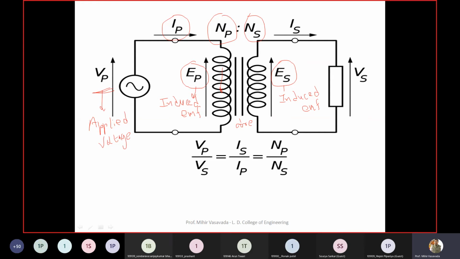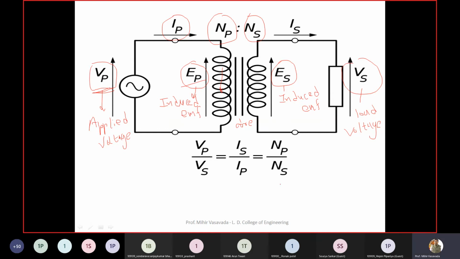And the induced EMF in the secondary winding will cause the current and the voltage in the load, the load voltage or the terminal voltage. So V is for voltage and E is for EMF. We'll find out the difference between ES and VS and VP and EP also. And this VP and EP is also Lenz's law. The EMF produced, that is EP, opposes the cause of production, that is VP.